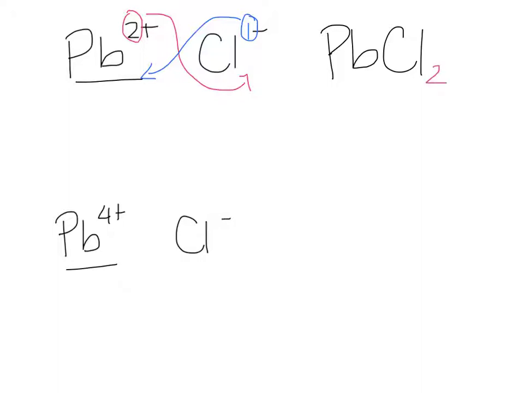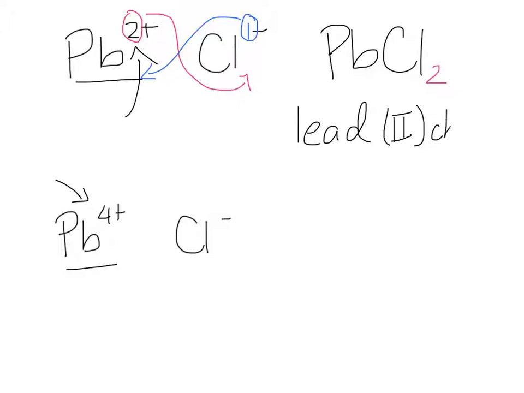Now let's name the compound. Because lead has a 2 plus charge, and there's another one over here that's a 4 plus charge, we need to make sure that we name this as lead 2 chloride. Perfect.